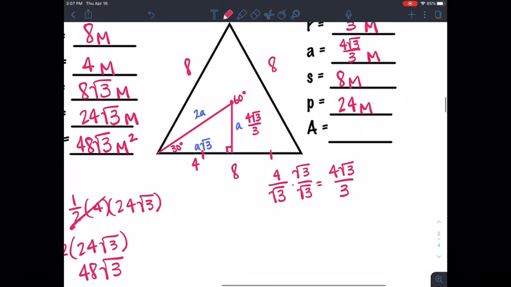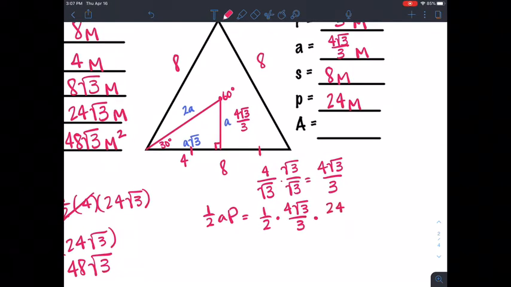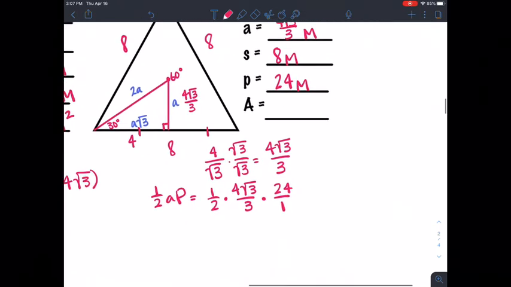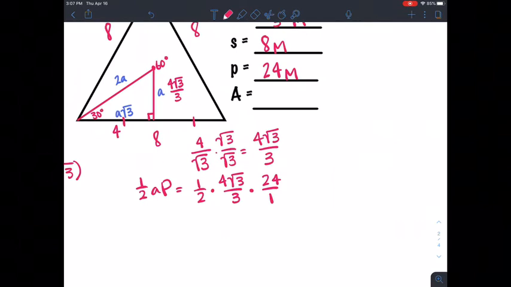All right, so whenever I plug all of this into 1/2 apothem times perimeter, I'm going to have 1/2 times my apothem, 4 square roots 3 over 3, times my perimeter, and I'm going to go ahead and list this as 24 over 1. I'm going to do some things to cross simplify here.